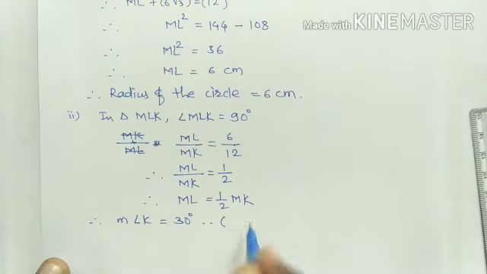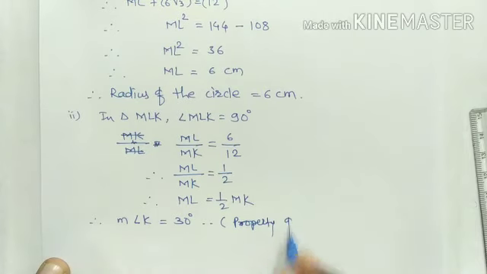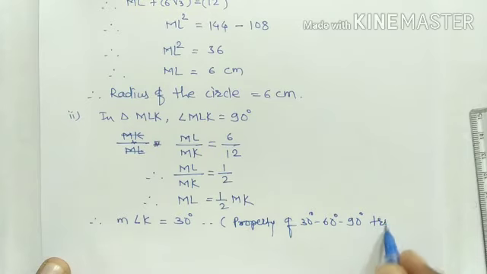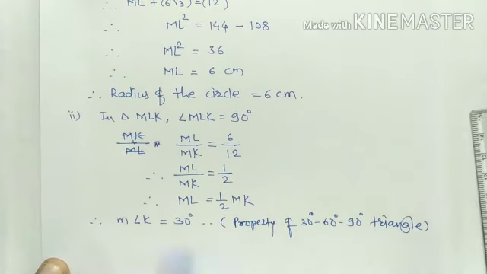Therefore measure of angle K equals to 30 degree. Property of 30 degree, 60 degree, 90 degree triangle, and the measure of angle M equals to 60 degree.